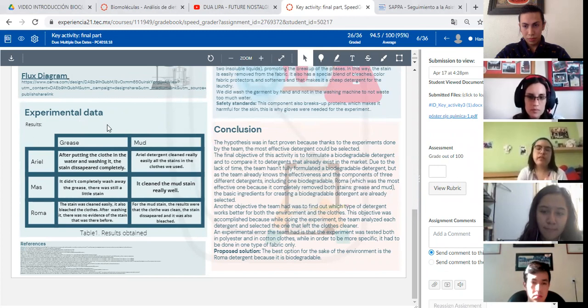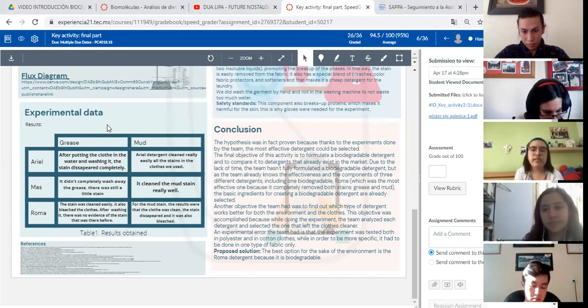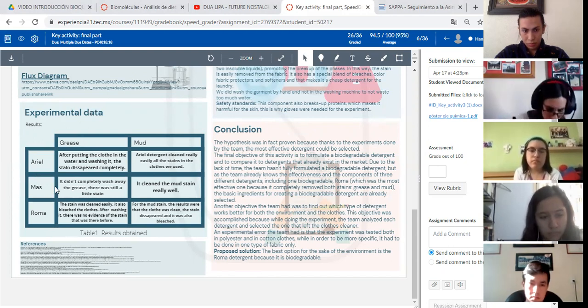I think yes, because we put how they work in each stain, as we can see the grease and the mud. And also in the video you can see the process of each experiment. And in terms of the data, do you think this is enough to come to a conclusion on which one cleans better, which was your initial idea?